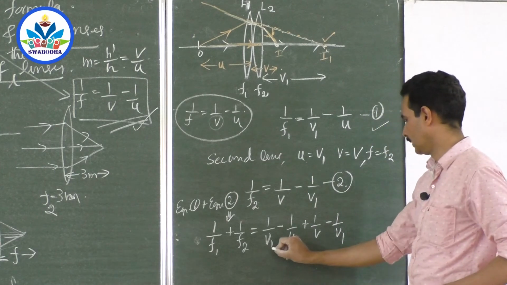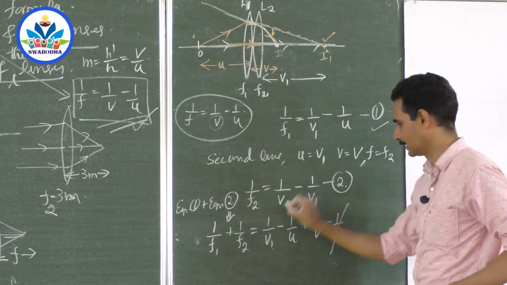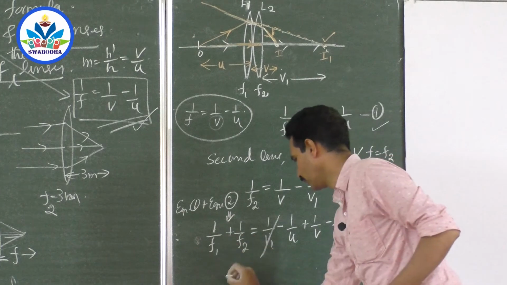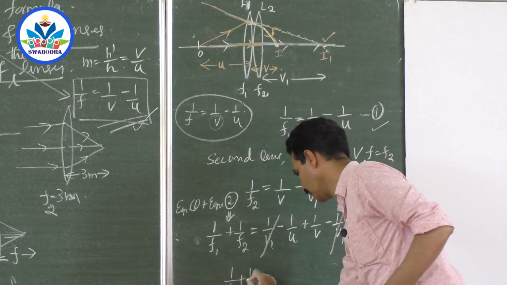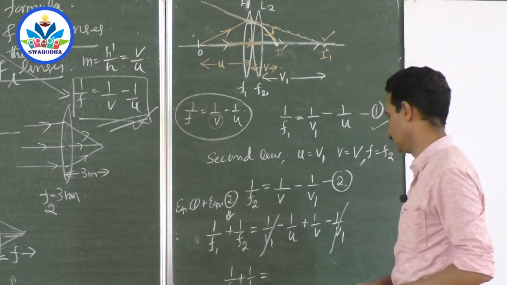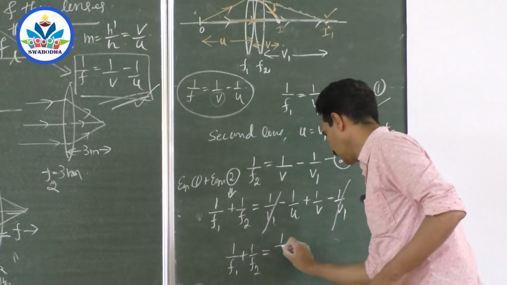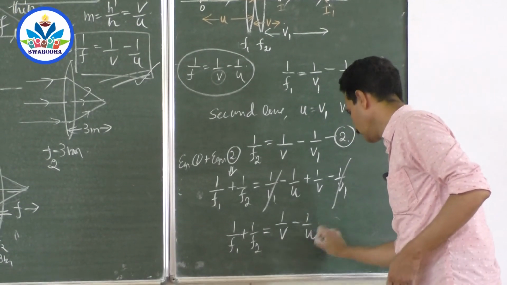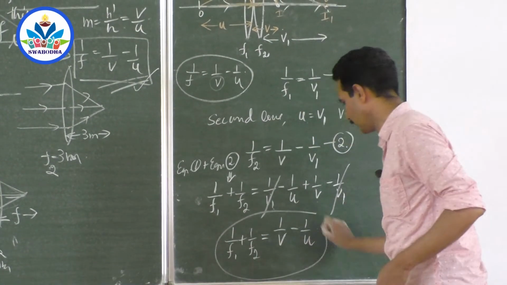Now 1 by v1 cancels. So 1 by f1 plus 1 by f2 is equal to 1 by v minus 1 by u. Now we will stop at this moment once.